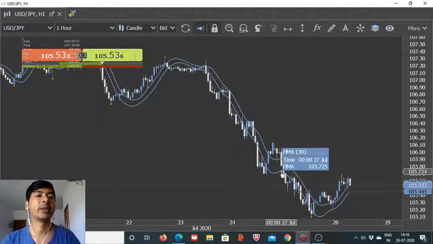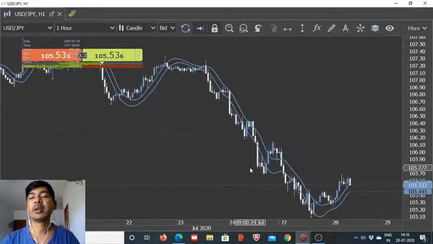And the more precise we are with these kind of settings and the combination, the better it is for our profitability in any of the situation.